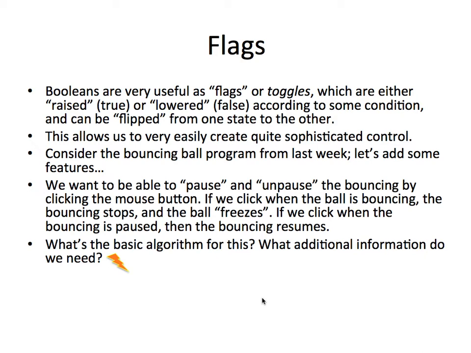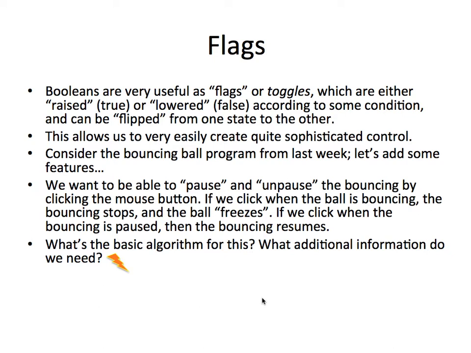Imagine we want to be able to pause and unpause the ball bouncing around the screen by clicking the mouse button. If we click when the ball is bouncing, then it pauses the bouncing, and if we click the button again when it's paused, then we resume bouncing.